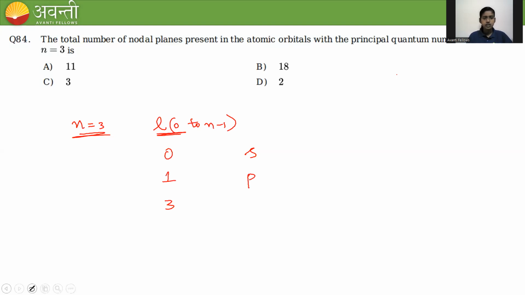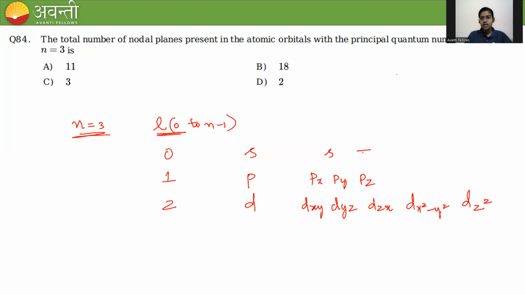It is not 3, it is 2. So 2 denotes the d orbital. For the s orbital we have only one s orbital. For the p orbital, px, py and pz. And for the d orbital, we have dxy, dyz, dzx, dx square minus y square and dz square.